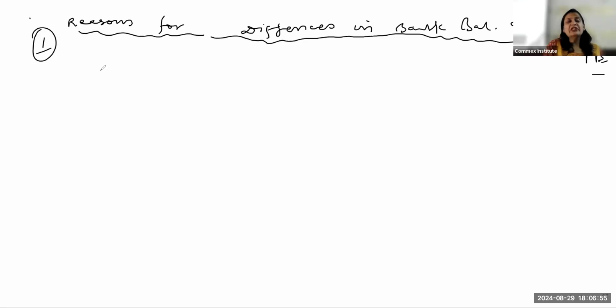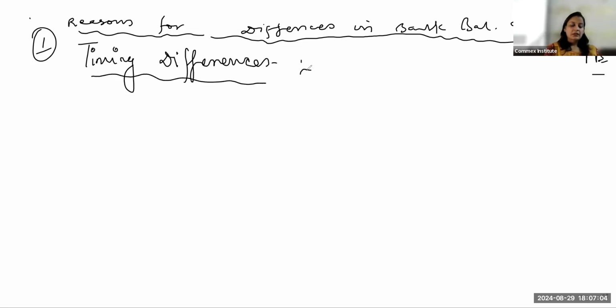Now, first is timing differences. Here we have got two differences. One is when it was 1 lakh as per my cashier and 1,05,000 as per my banker.